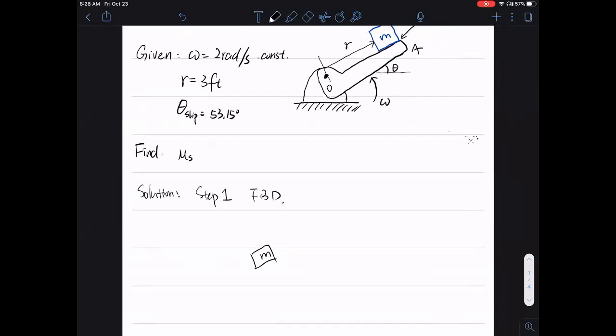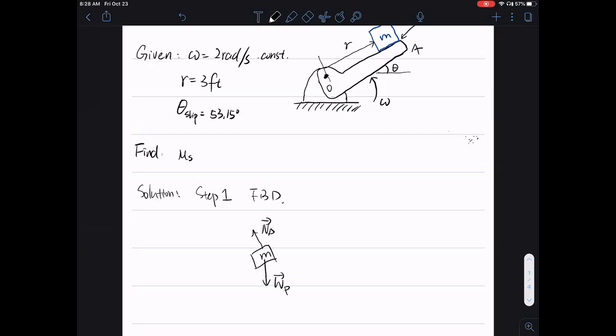So how many forces should be on your free body diagram? Always have the weight force, W_P. Always have the normal force, and the normal force should be perpendicular to the surface. Let's call that N_P.